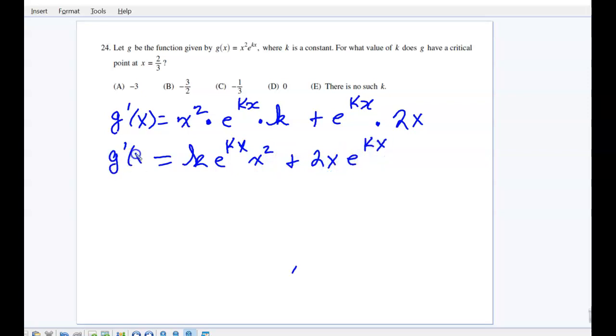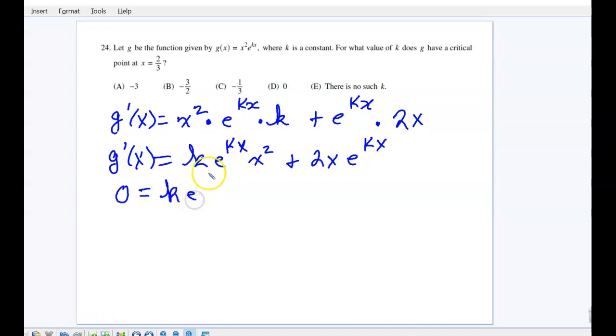And there's my derivative. Now, let's see what else it tells us in the problem. It says, for what values of k does g have a critical point at 2/3? Well, if it has a critical point, that means the derivative is 0 when x is 2/3. So I can put 0 in for the derivative, and I can put 2/3 in for x.